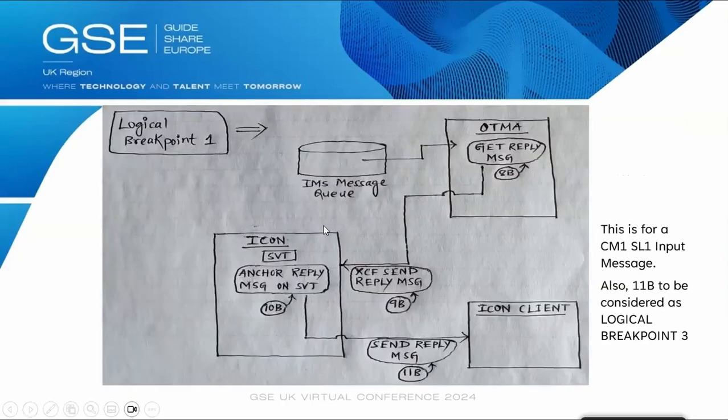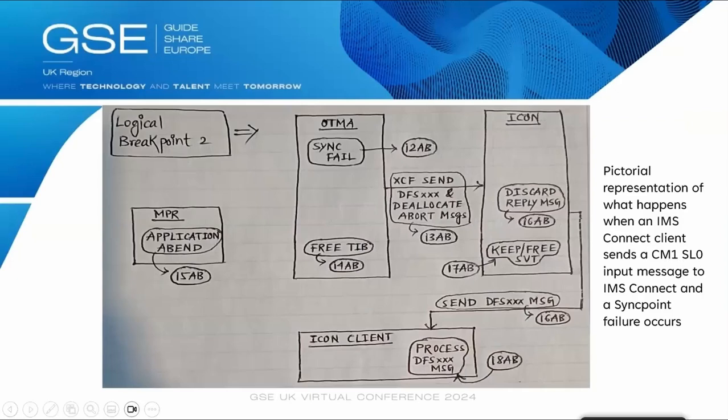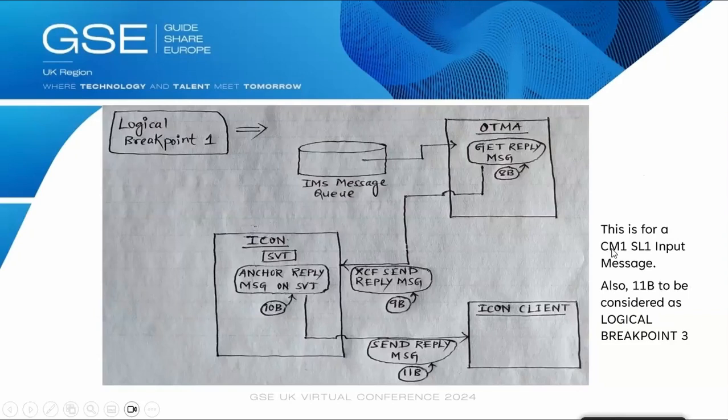Why do we again go back to logical breakpoint 1? Because now we are going to consider CM1 SL1 protocol. Remember, we have completed CM1 SL0 protocol, but now we are going to take a look at CM1 SL1 protocol. And so we go back to logical breakpoint 1, which is the common point, right? For all the protocols, till logical breakpoint 1, all the steps happen.